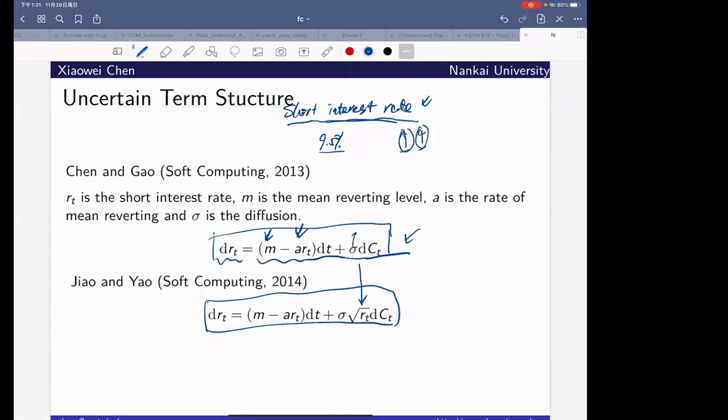Because our model was created before the Yao-Chen formula was found, at that time this model could not be solved, so we created this model. But after the Yao-Chen formula, they created this model and used the Yao-Chen formula to get the solution. So that is the old story.